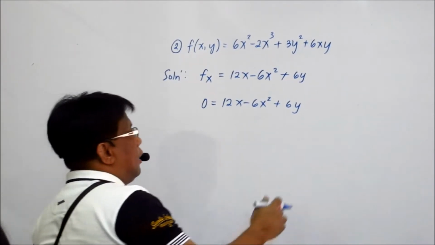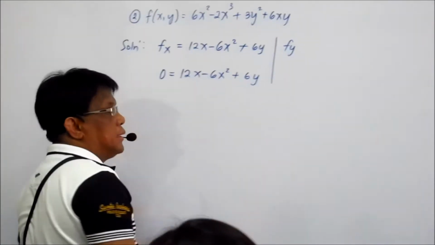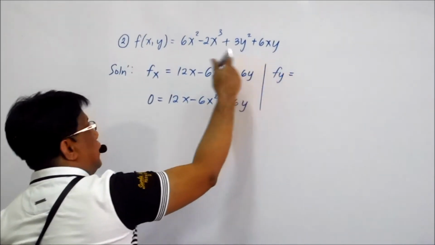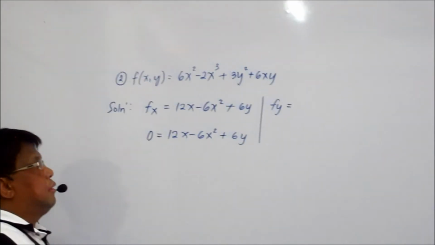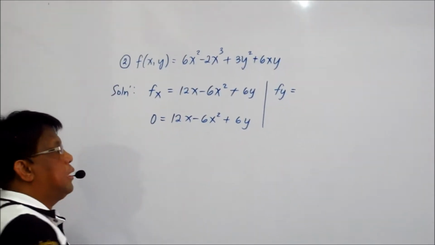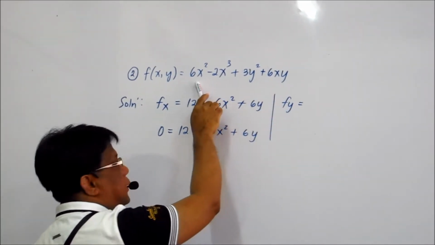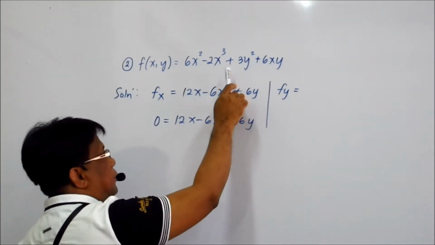Let us have the other partial derivative. We start with respect to y. So taking the derivative of the given function with respect to y now, taking x as constant, the first term derivative is 0 because x is constant.